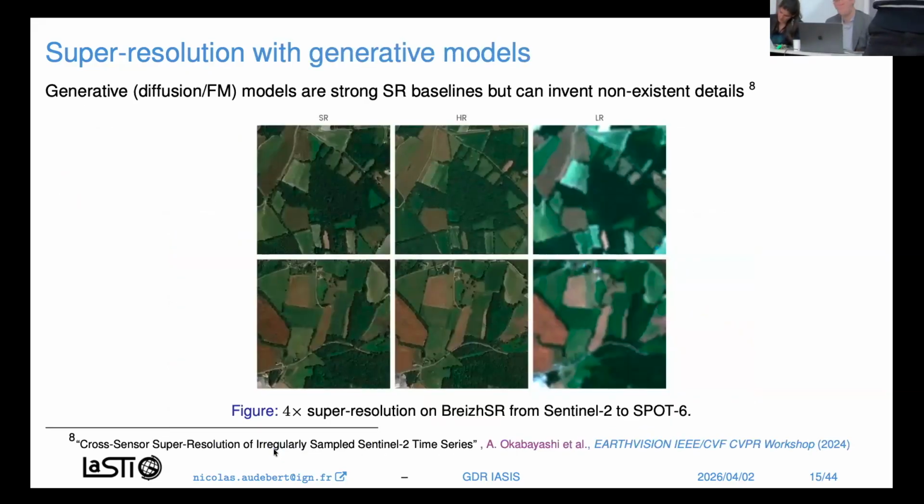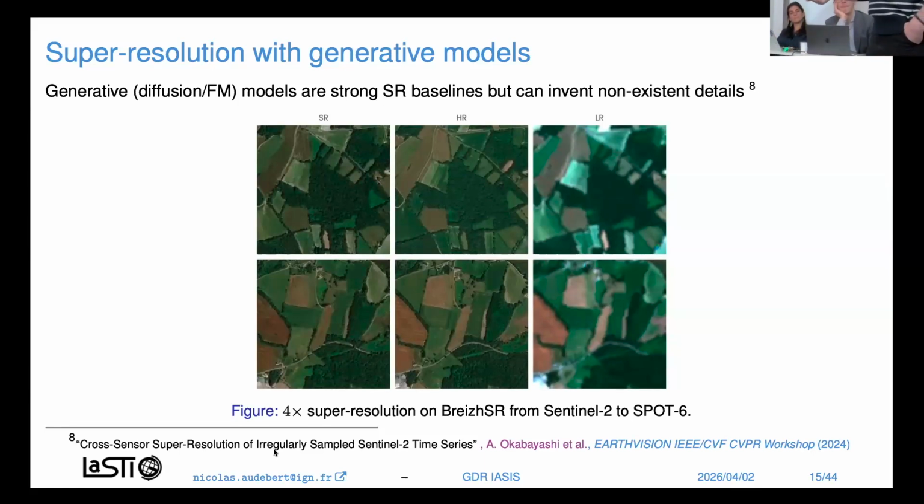So 2 years ago, 3 years ago even, Amy Okabayashi, a PhD student I'm co-supervising with plenty of people, including Charlotte, Nicolas Courty, and Thomas Corpetti, investigated super resolution with different kinds of models, including generative models, and there are quite strong baselines.